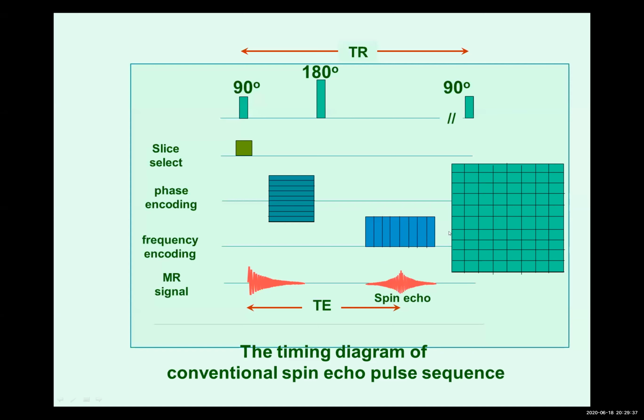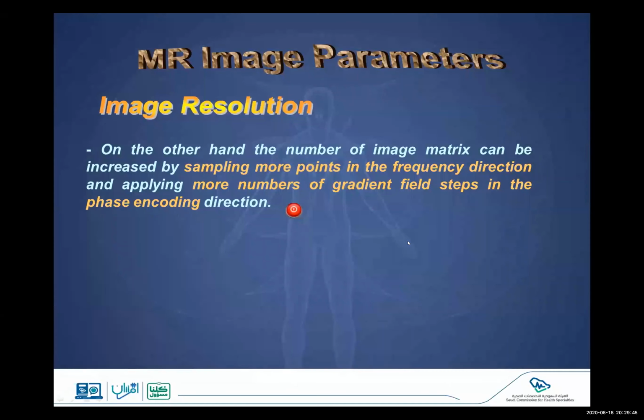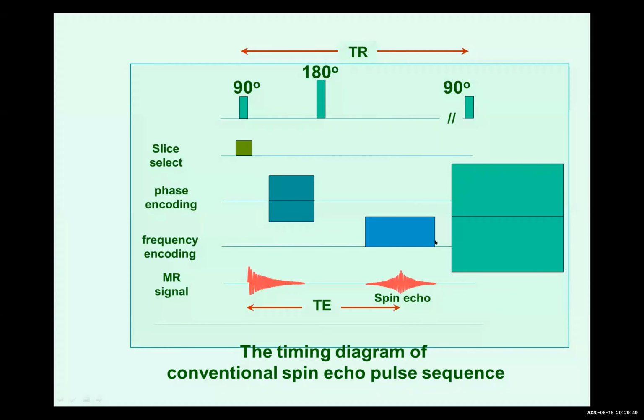So the more samples, or the smaller the sample size, the better your resolution. So instead of having, for example, 64, you go to 128 or 256. And we will see that in the phase encoding direction, this really affects scan time.